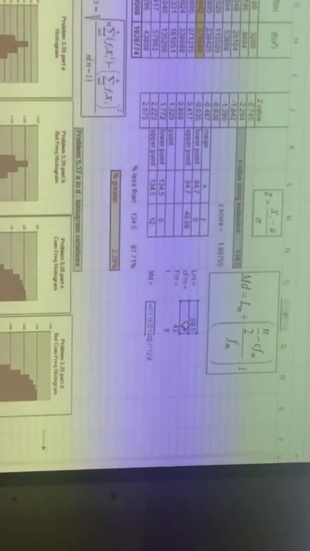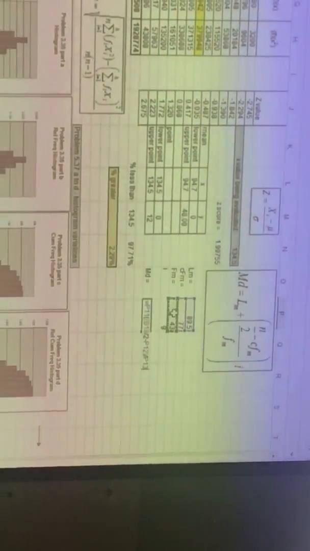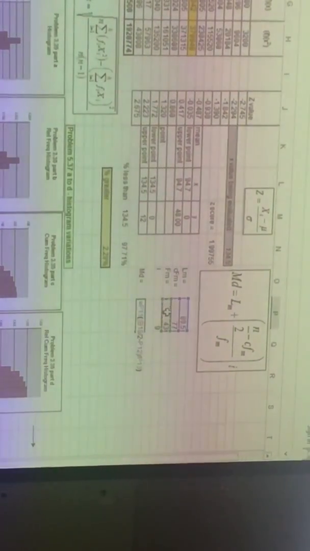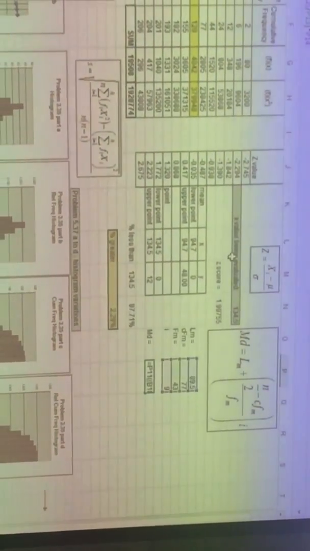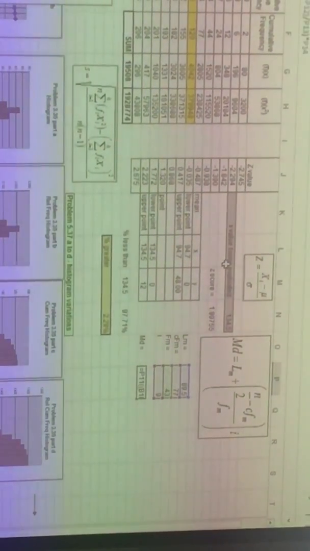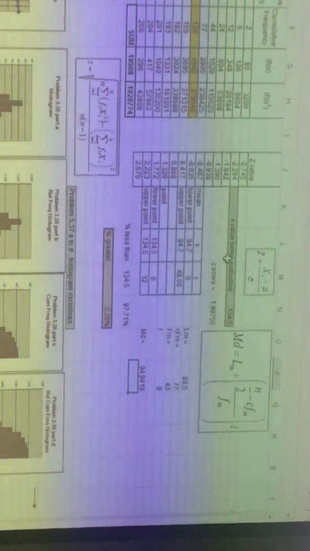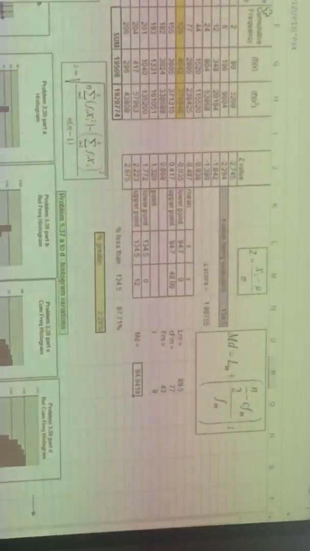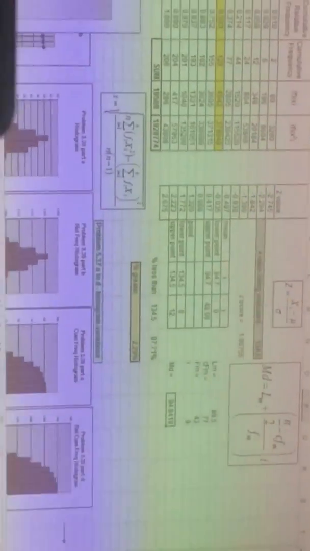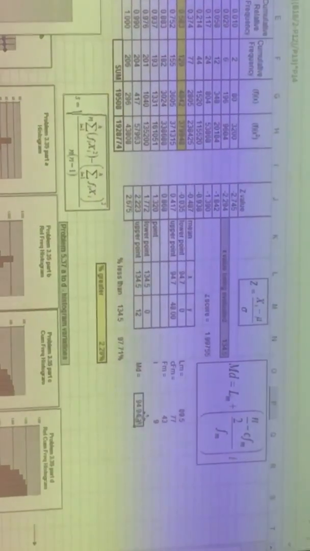Divide by the FM, those parentheses again, and then multiply that times the I. Oh, I do need a plus. That's where it got confused. So there's the median. And again, I don't need that many decimals, but I do need the decimal, because the median is predicted to be not an actual value.